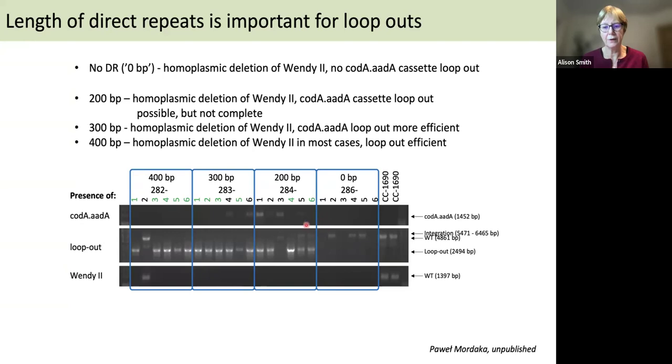We still have a selectable marker in some of the strains where we had a 200 base pair direct repeat. If we've got loop out, then we can see the appropriate sized band, and then we can detect whether Wendy2 is there or not.